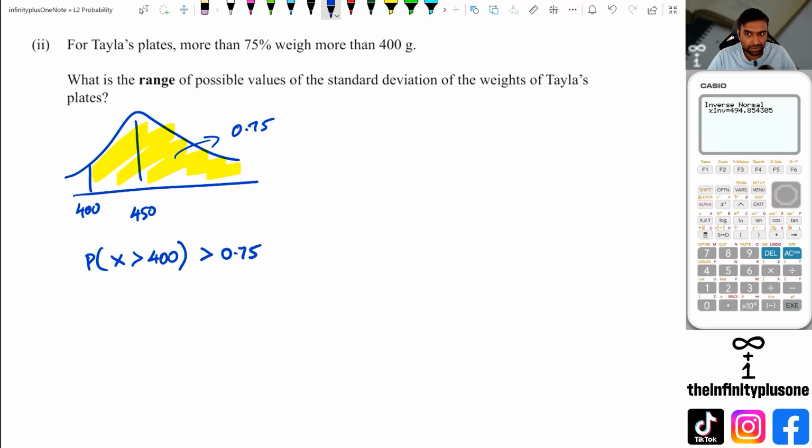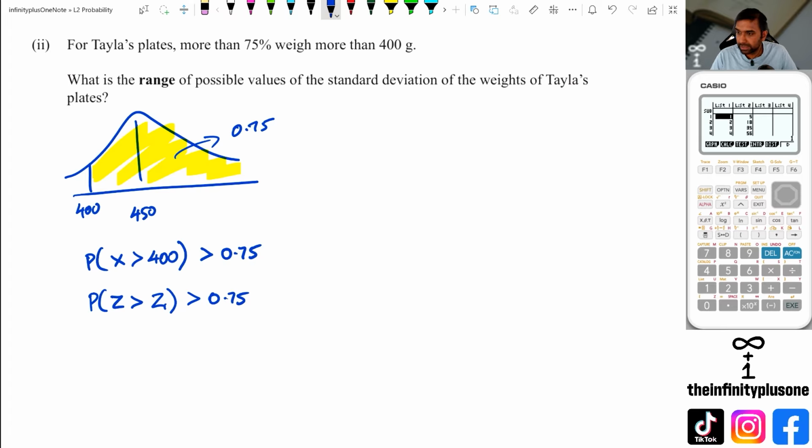So next, if you look at it, we can say that the probability of the Z value greater than Z1, whatever that's going to be, is also going to be greater than 0.75. So we need to figure out what that Z value for 0.75 is, right? So we're going to go back and look up 0.25 first.